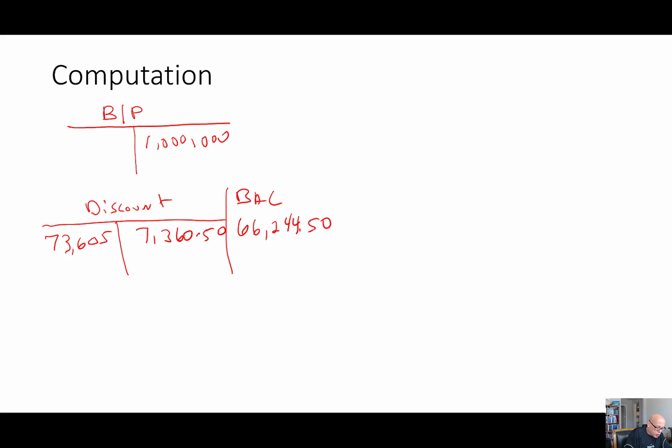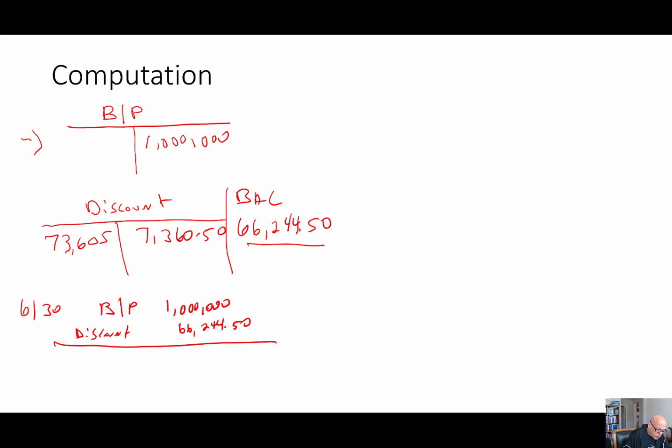So if I were to prepare my balance sheet now at 6/30, and I'm just worrying about the liability, the bond payable, just look at the T accounts, guys. Bond payable is $1 million. The balance in the discount now, looking at my ledger accounts, is $66,244.50.